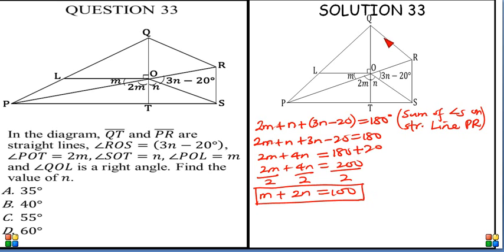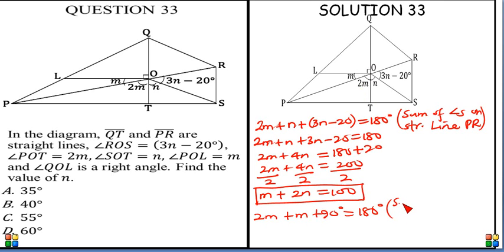Then also look at this line QT. On the left hand side of it, we have 2m, m, and 90, all on this straight line. The addition is going to be 180 also. I write that: 2m plus m plus 90 is 180.